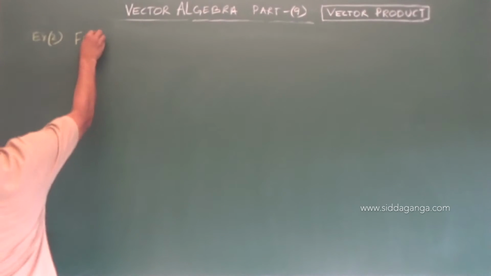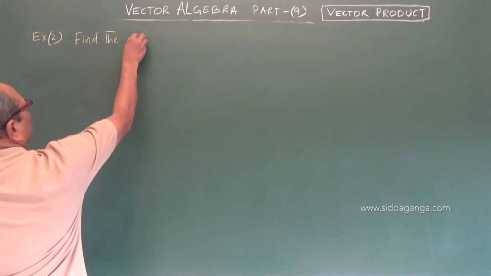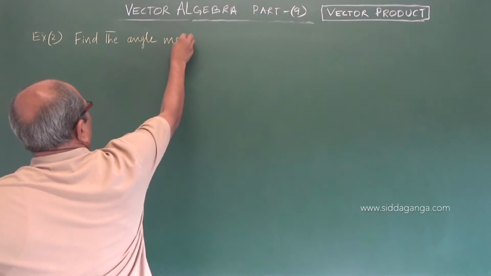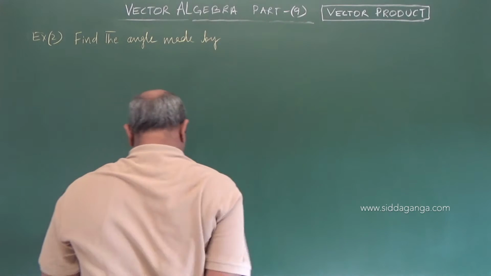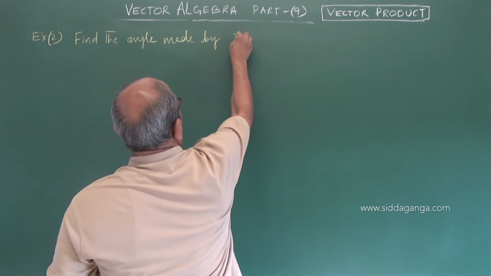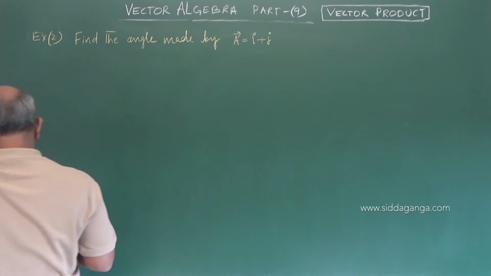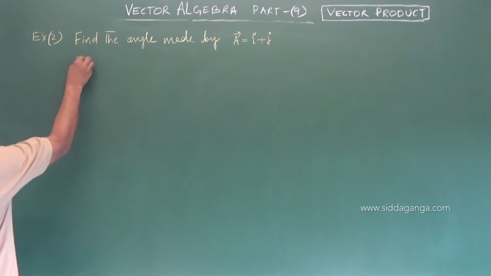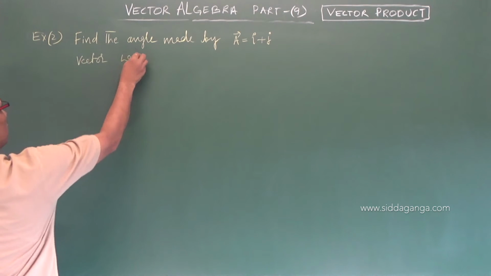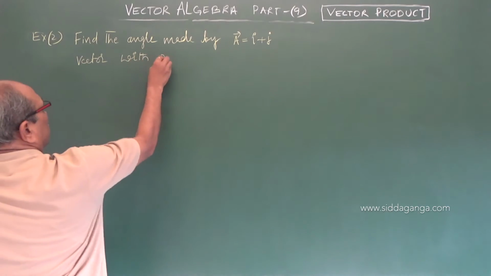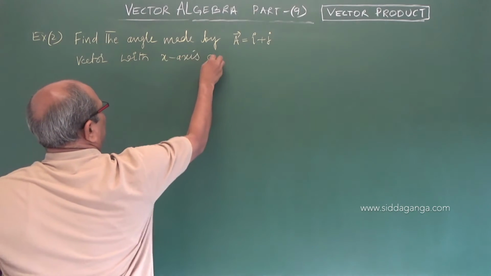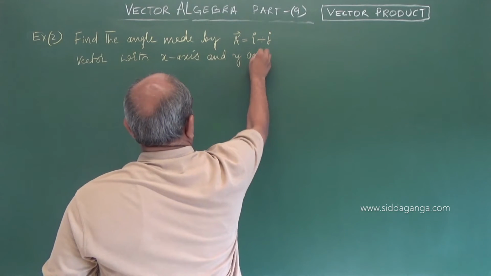See, example 2. Find the angle made by the vector A as i plus j with the x-axis and y-axis.